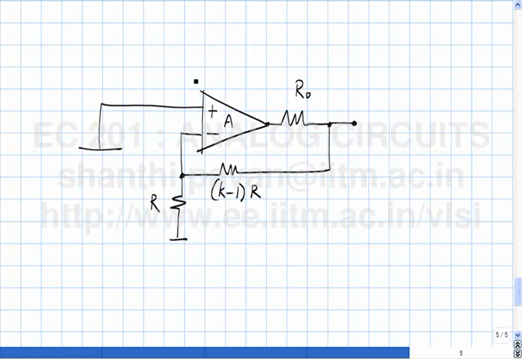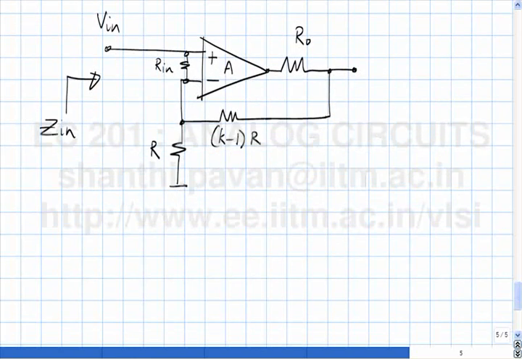So let's say the amplifier is not as ideal as you would want, and there is some input impedance in the amplifier.